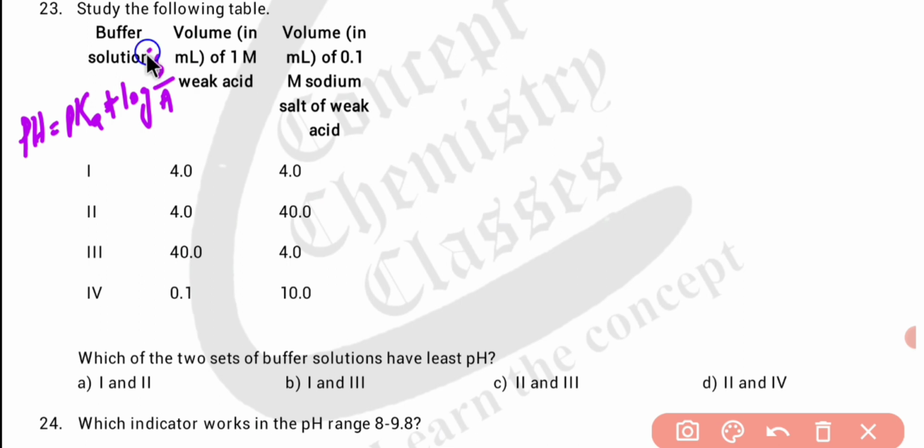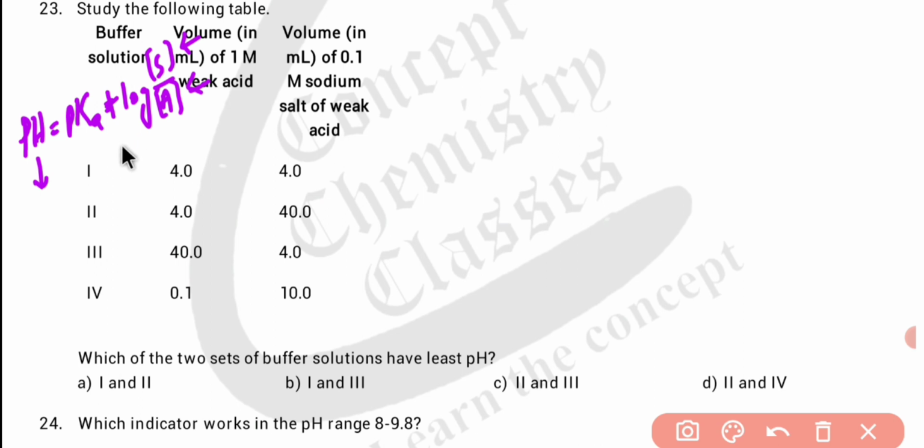Okay, so now pH will be less when the concentration of acid is greater than the concentration of salt. If the concentration of acid is less than the concentration of salt, then only this log will give a negative value, and pKa minus a negative value will give a lesser pH.